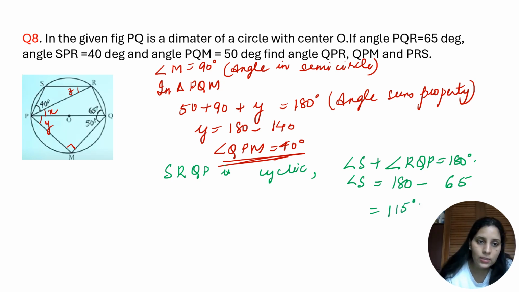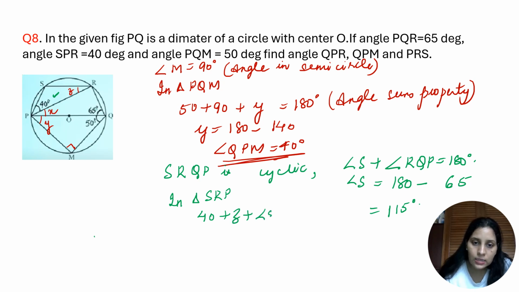So I got this angle. Since I got this, I can consider this small triangle and find Z. So now let us consider triangle SRP, 40 plus Z plus S, that is 115. I'll just write the value.